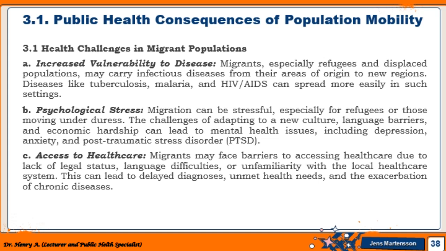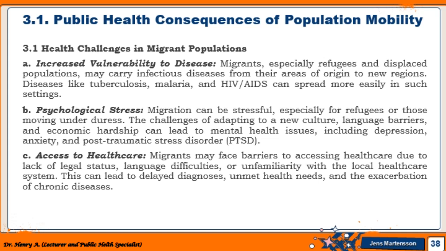Now, in detail, increased vulnerability to disease is one, like I've told you. Migrants, particularly refugees, may carry infectious disease from their areas of origin. Diseases like tuberculosis, malaria, and HIV and AIDS can be more easily spread in migration settings due to the overcrowding and poor sanitation. Psychological stress is also one of them.